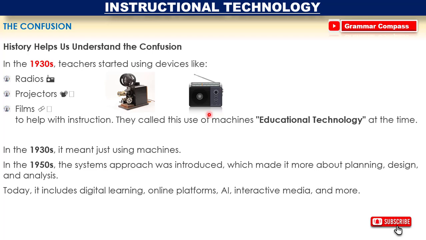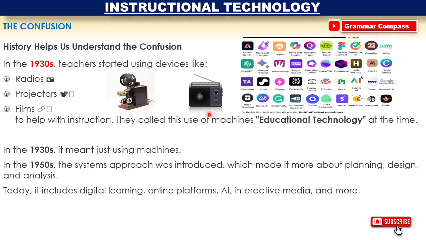It includes a whole lot of scientific products, resources, and techniques like digital learning, online platforms, AI, interactive media, and more. These things are all considered as educational technology in our era. This tells us that the meaning of educational technology has evolved over the years. So in telling the history of educational technology, it will depend on how you define it.